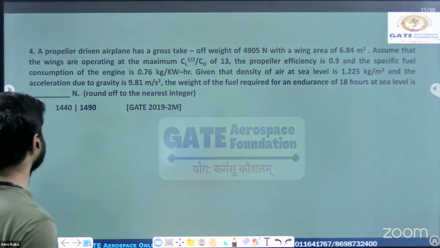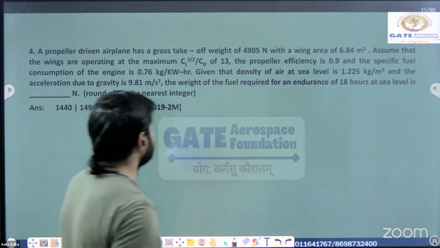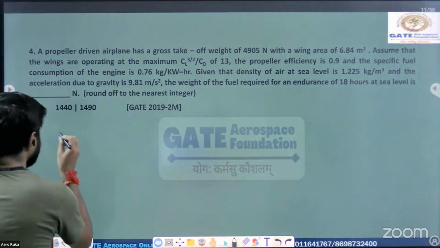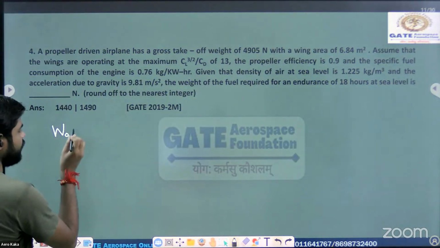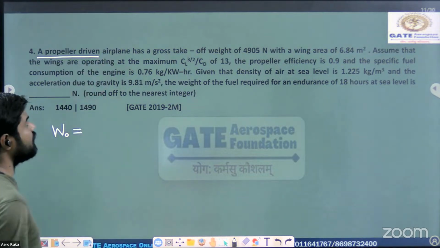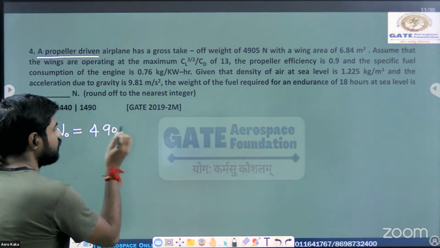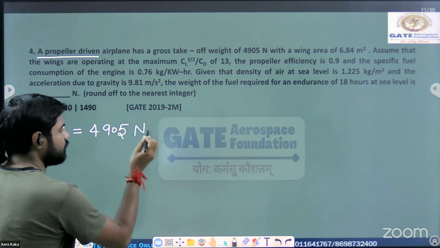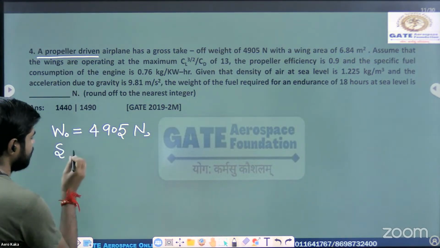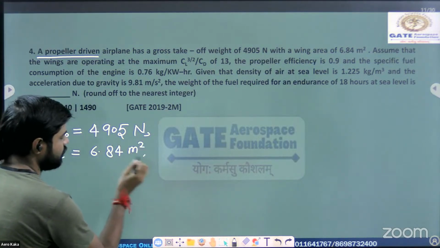Now, next question. A propeller-driven airplane has a gross takeoff weight of 4905 Newton. What is given here? Gross takeoff weight, W naught, is given. Which airplane is this? It's a propeller-driven airplane. Then the wing area is given here, 6.84 square meters.